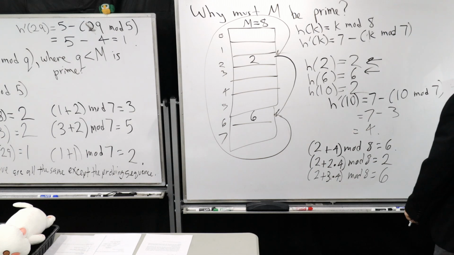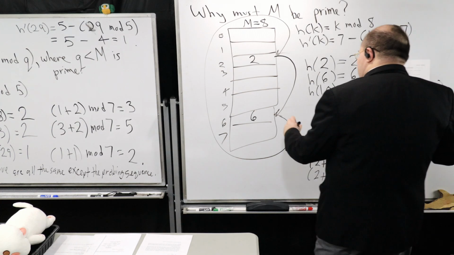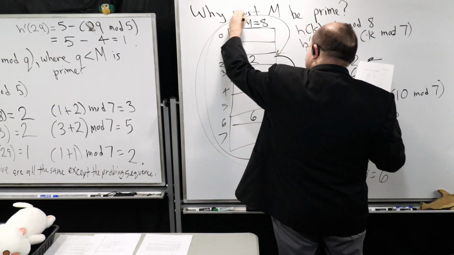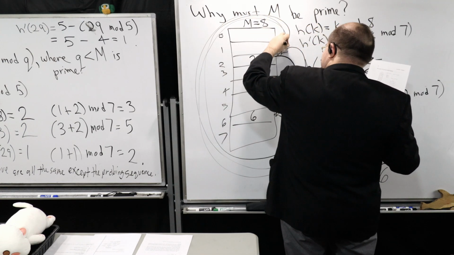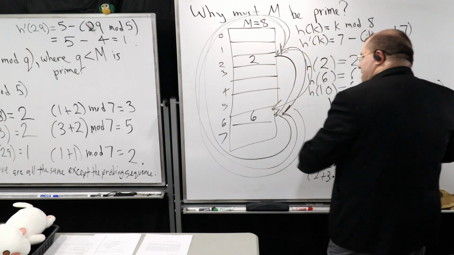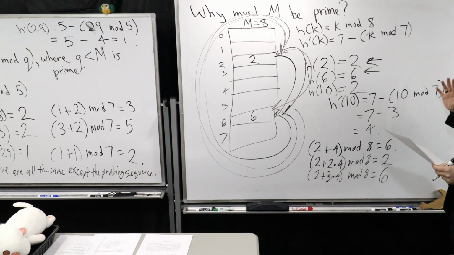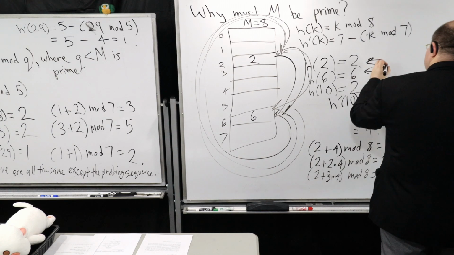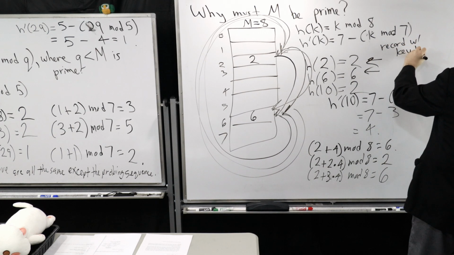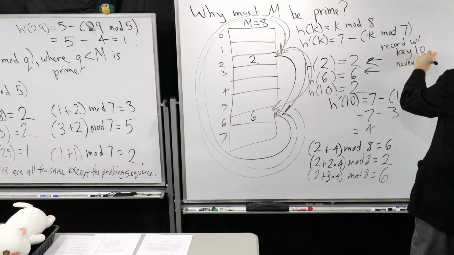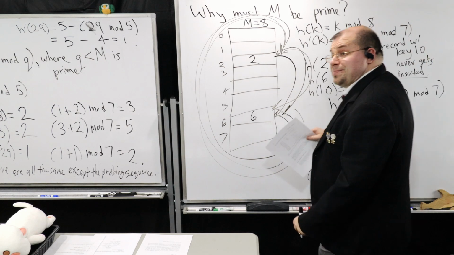So if I keep doing this over and over again, I would hop over to 2, then I hop over to 6, then I hop over to 2. I'm just going to keep hopping back between 6 and 2, 6 and 2, 6 and 2. So the record with key 10 never gets inserted.